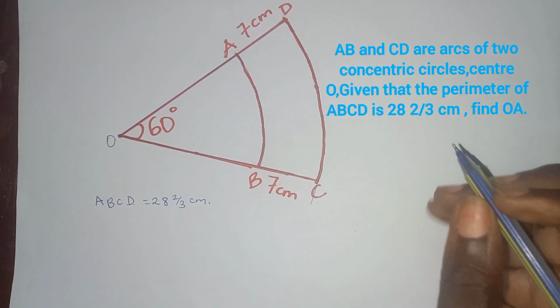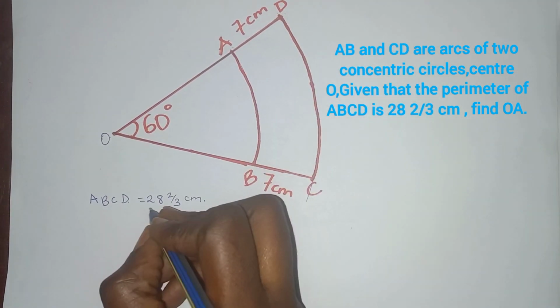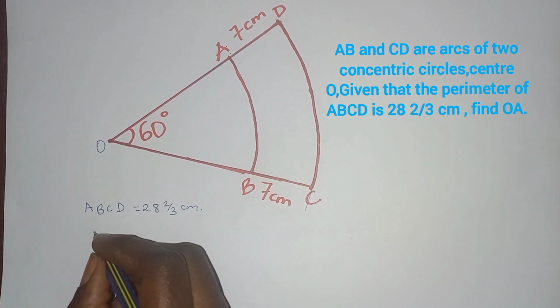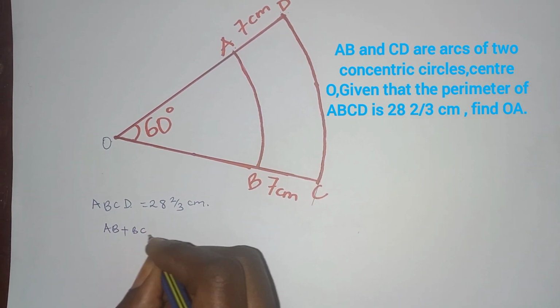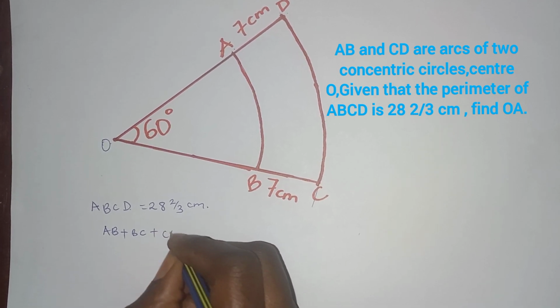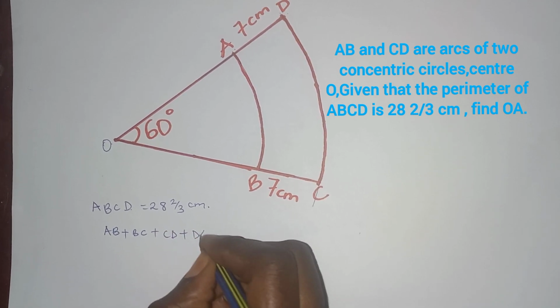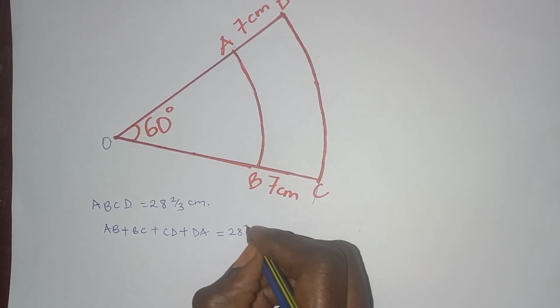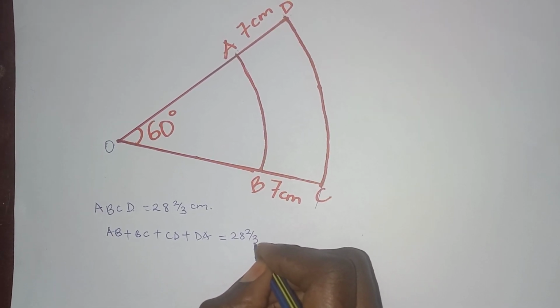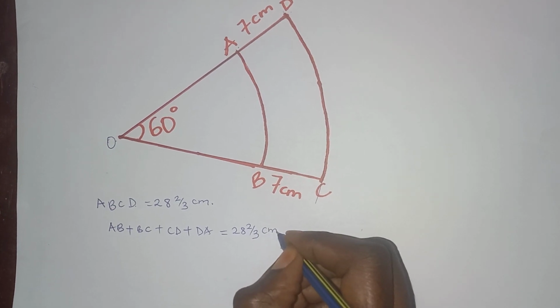And when we are given this, you know that this perimeter here will be equal to AB plus BC plus CD plus DA, which will be equal to 28 and 2 over 3 centimeters.